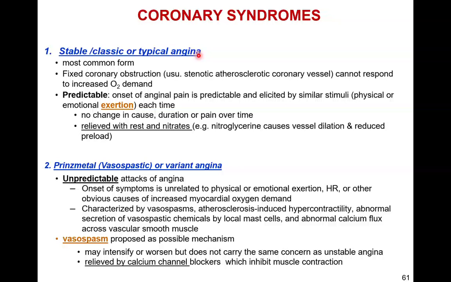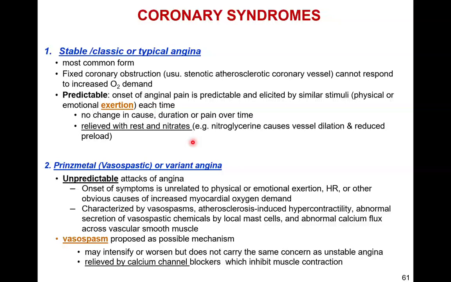Usually the pain will come on, the intensity of the pain will stay the same, and the pain will last for the same length of time. That pain can be relieved by rest or nitrates such as nitroglycerin that can vasodilate. Once you stop doing the activity, or once you take the nitrates, then that pain subsides. That's why it's called stable.